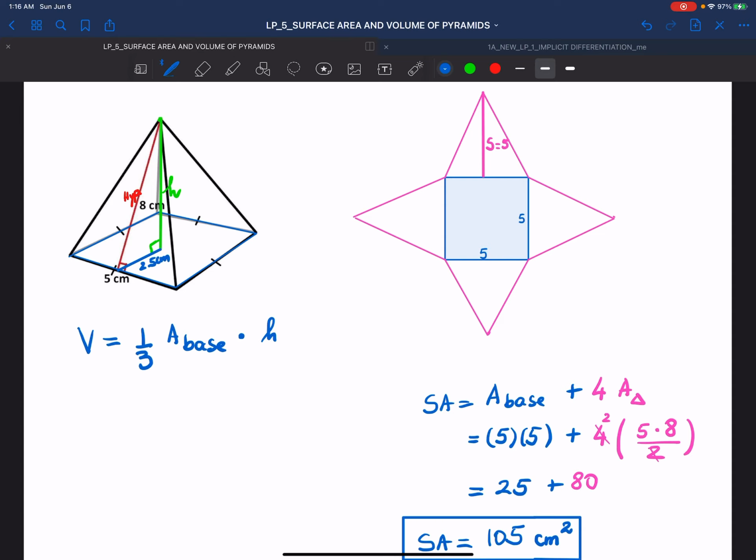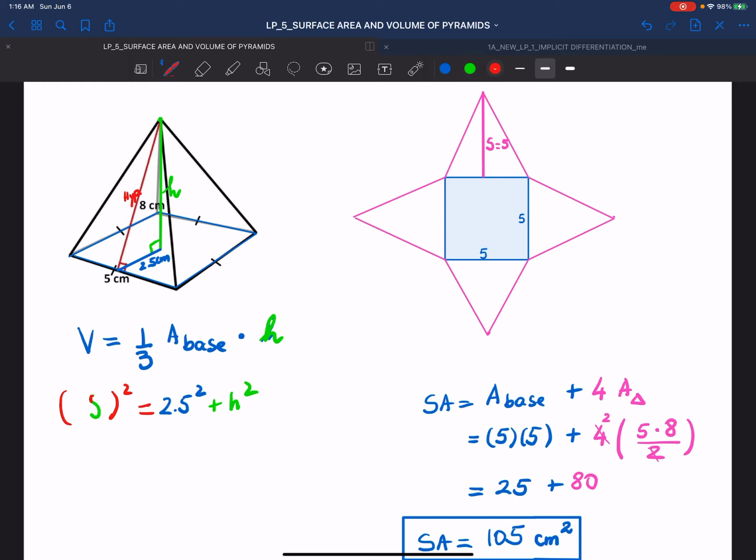So now that we have two sides of this triangle, we can use the Pythagorean theorem to find the height. Let's make the height green, and we'll say that the hypotenuse squared equals 2.5 squared plus height squared. Now, the hypotenuse is 8, so we can substitute that.